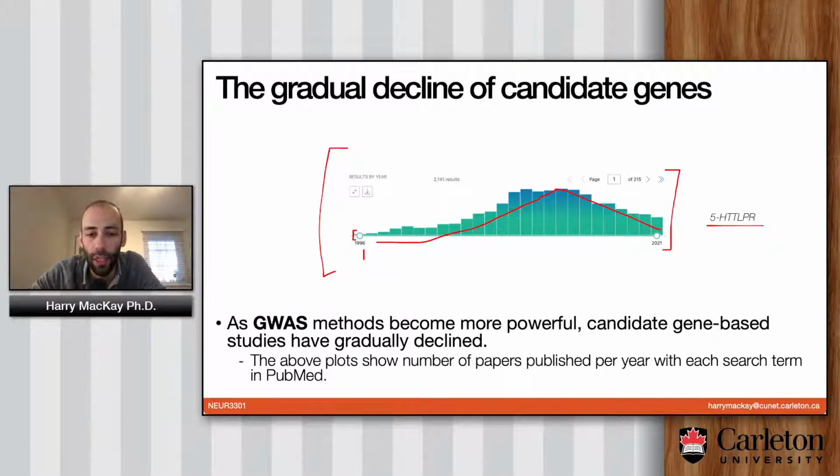And it's still being talked about and still being looked at, but the bloom is a little bit off of it now, and people have kind of moved on. And this would be true of other ones. BDNF, for example, is a commonly, or was at least for a time, a commonly studied candidate gene that's no longer very favored.